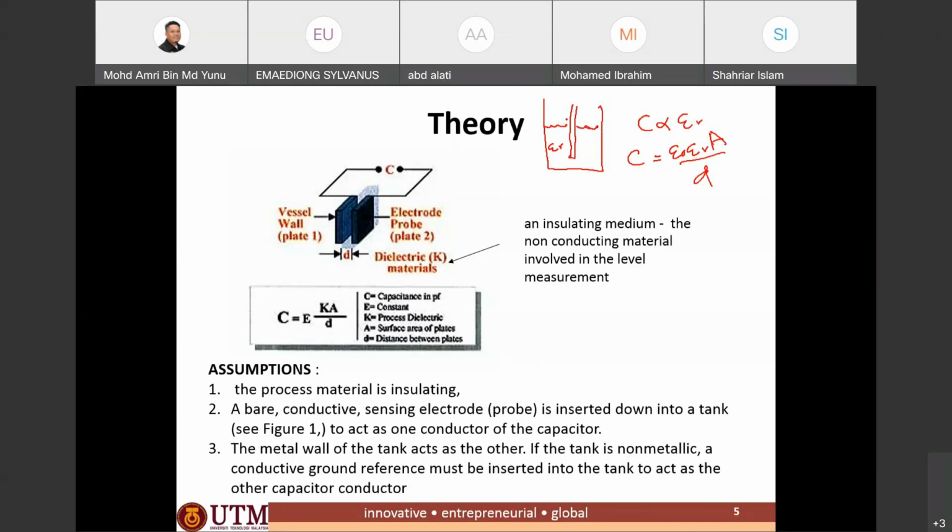Let's say in the half full case, we have two materials, or two capacitance values, given by the main material and the air. The total capacitance will be determined by the material between the electrode and the body of the vessel.